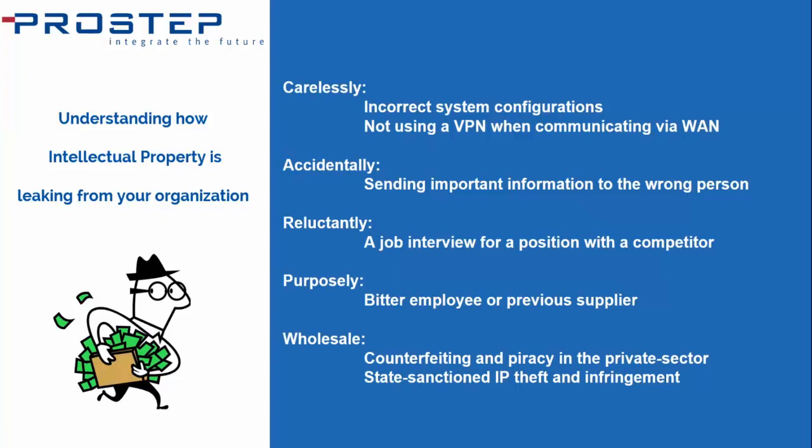Somebody accidentally sending an email with some intellectual property in it to the wrong person, or maybe even somebody interviewing for a new job for a competitor of yours, or you have maybe somebody who is a little bit disappointed in your organization or a supplier that no longer is working for you. How do you protect that type of information?